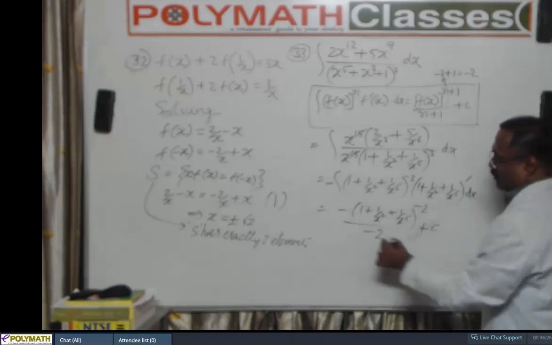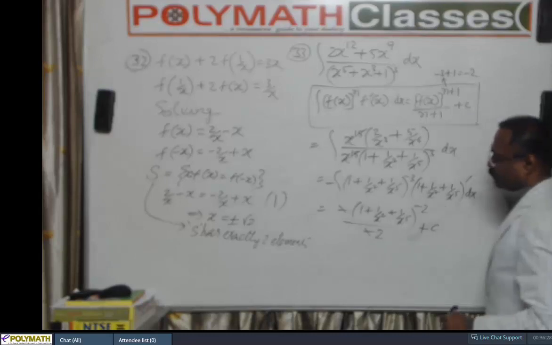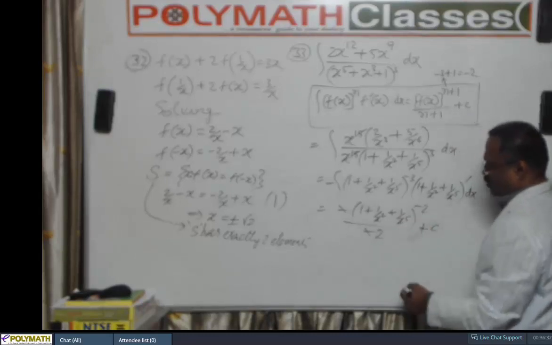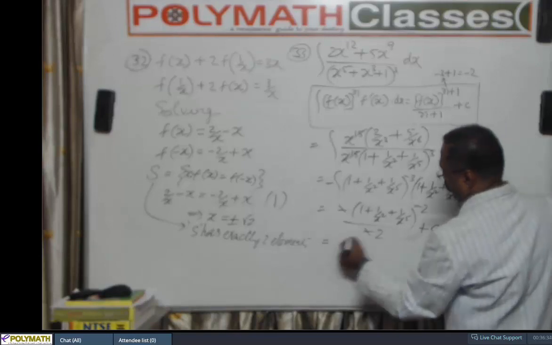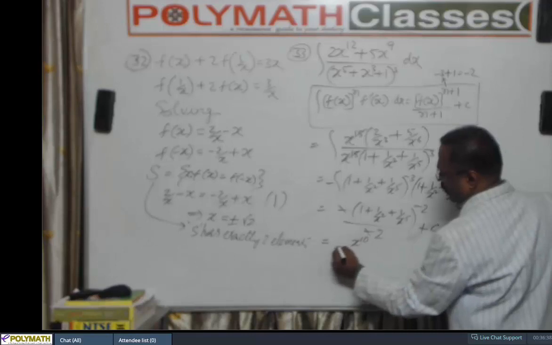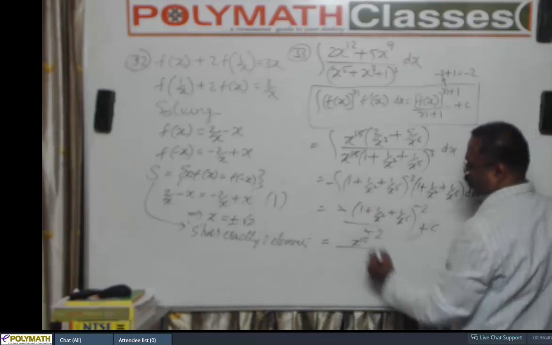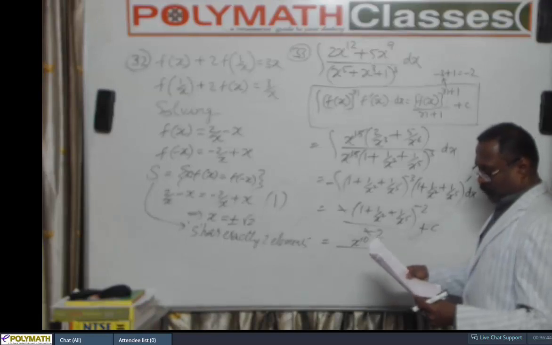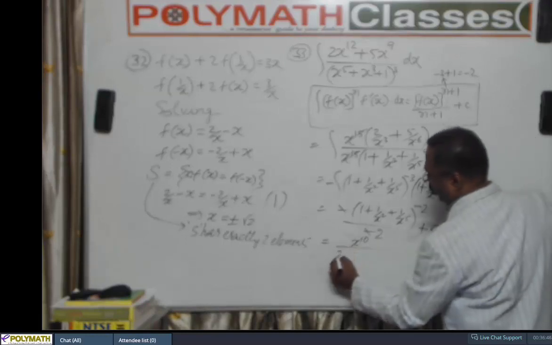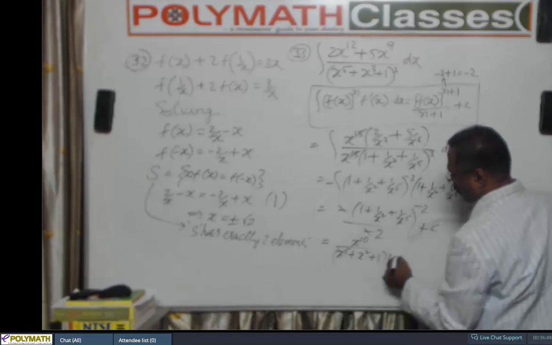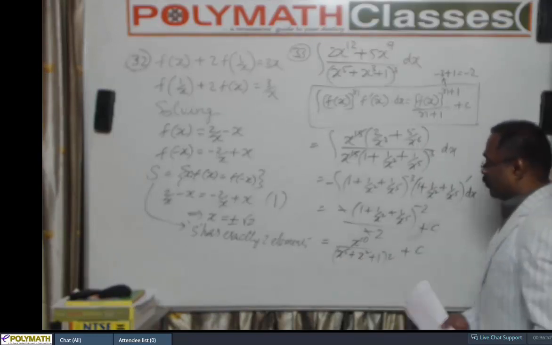Now, if you simplify this, it is brought to the denominator, and thereby x power 5 whole power 2 becomes x power 10 divided by, and you will have x power 10 common, and with the options you will get x power 5 plus x squared plus 1 whole square plus c as your answer.